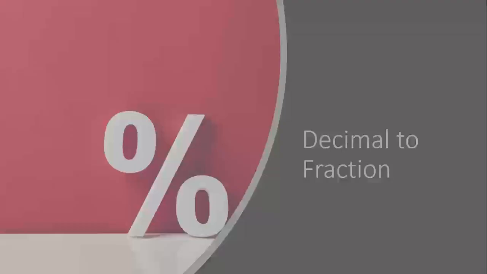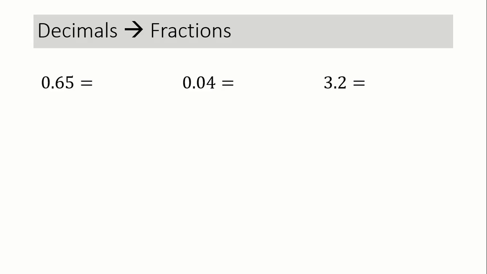Now we're going to go from a decimal to a fraction. Here, what we need to be able to do is either rely on understanding the proper terminology for these place values, or just be able to count how many decimal places we have. So let's start with the first method.